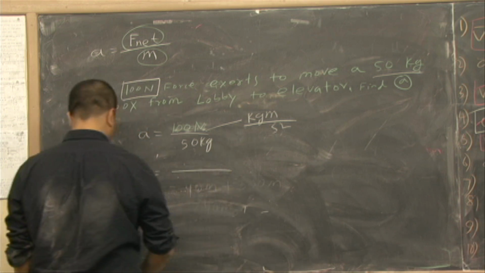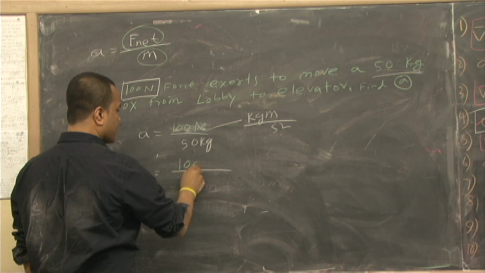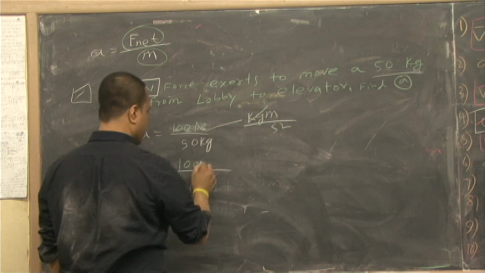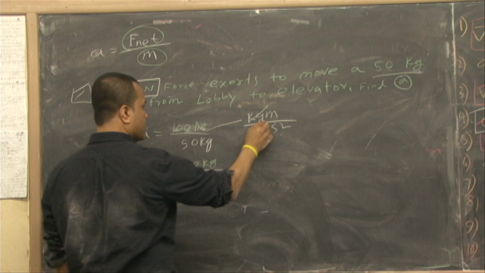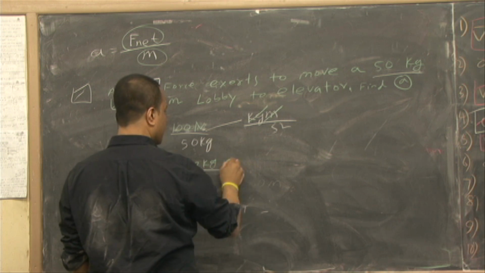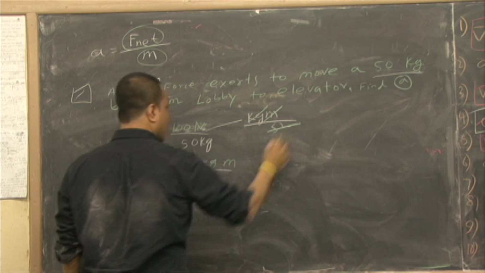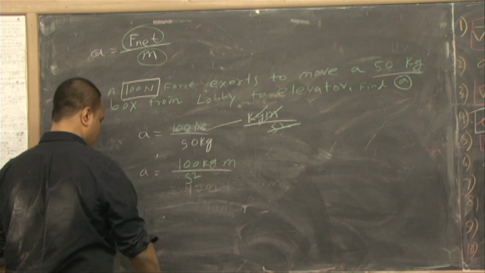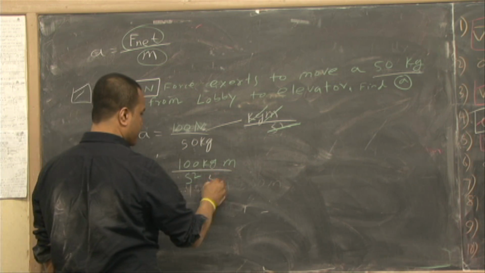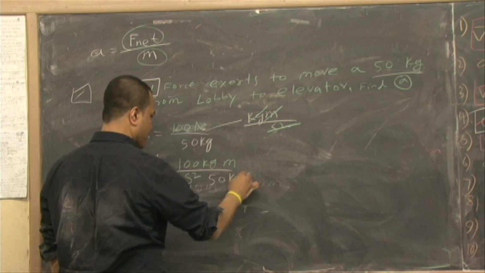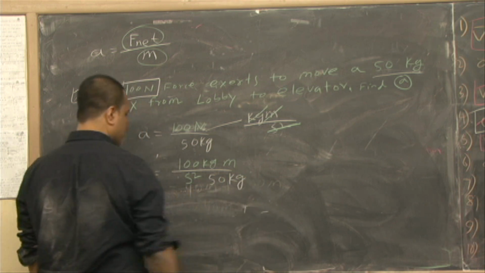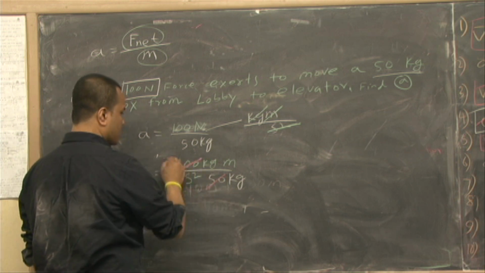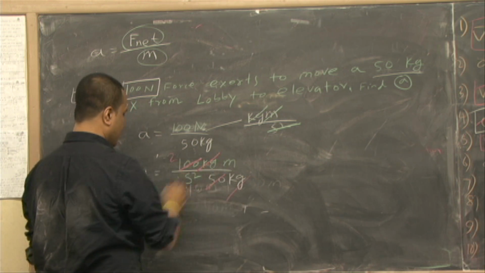All right, so 100. kg is on the upstairs, so we write kg. Meter is on the upstairs, we write meter. Second squared is on the downstairs, so we write second squared. Now we go back to 50 kg, we write 50 kg. That's the unit we end up with. 50 goes into 100 twice, kg cancel.